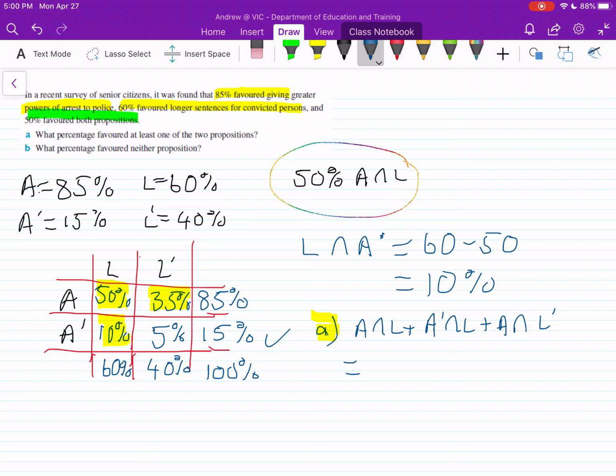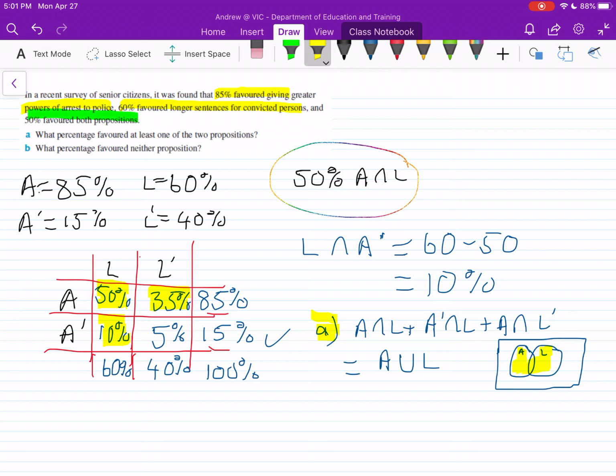If you really wanted to break it down, this is A union L. If you're drawing this up in a Venn diagram, which some people like to do, you have your A here, your L here, and this is all of it that's inside our Venn diagram.